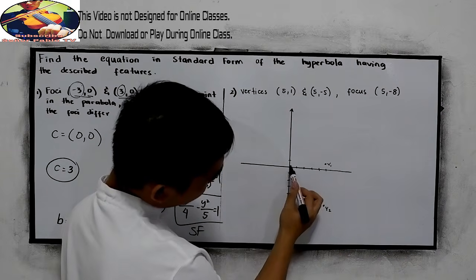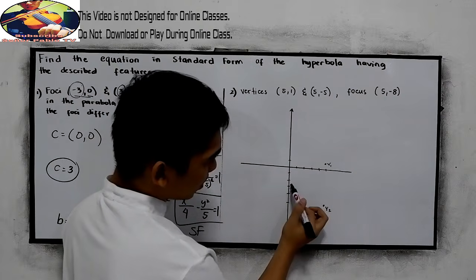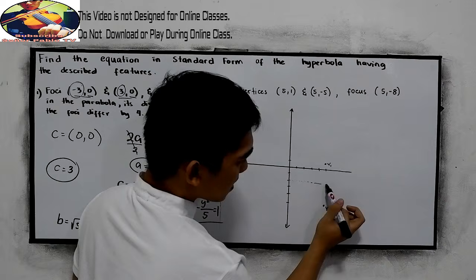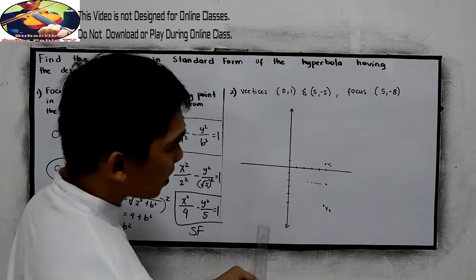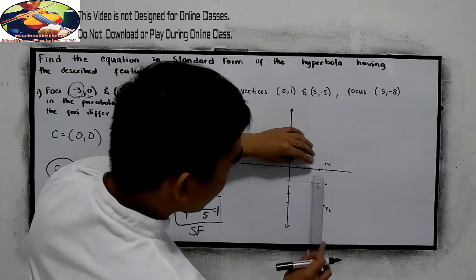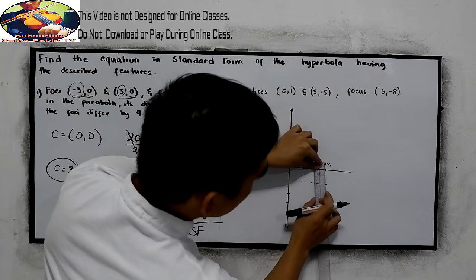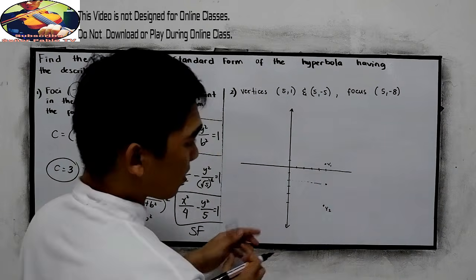The center is located here because we have a units from the vertex and a units from the other vertex.